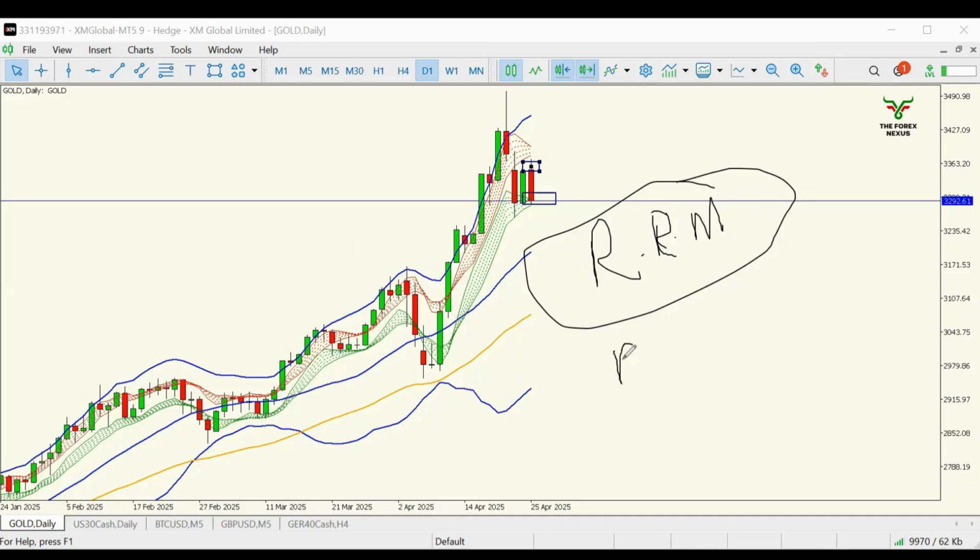If you want to focus on one code, that's REM. Because one more thing, when extreme is forming, that means the market has retraced enough. So this is a very powerful code, REM.